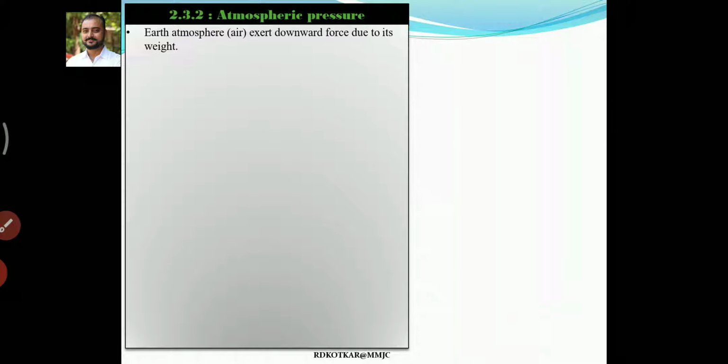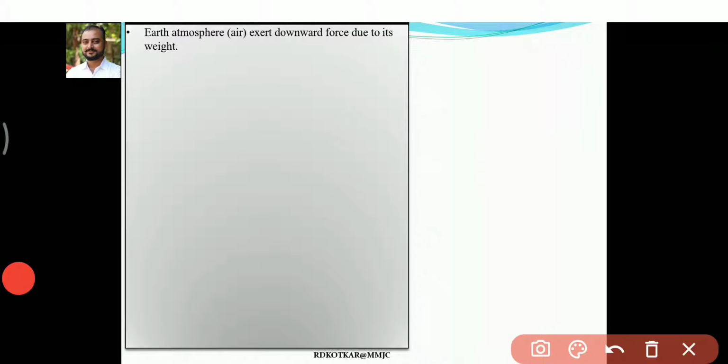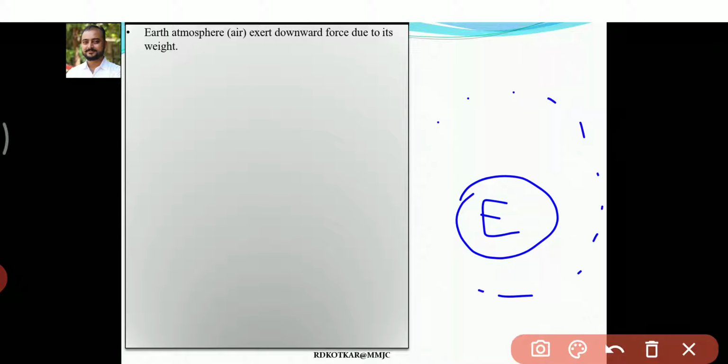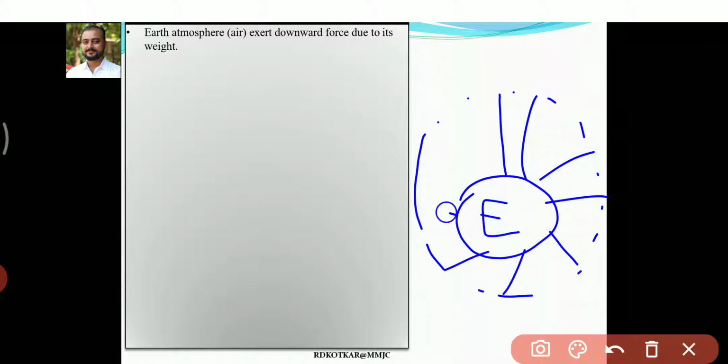What is the atmosphere? The atmosphere is nothing but the layer of air present above the earth's surface, which is called the atmosphere. If we consider that this is the earth, there is the presence of air above the earth's surface in all possible directions.